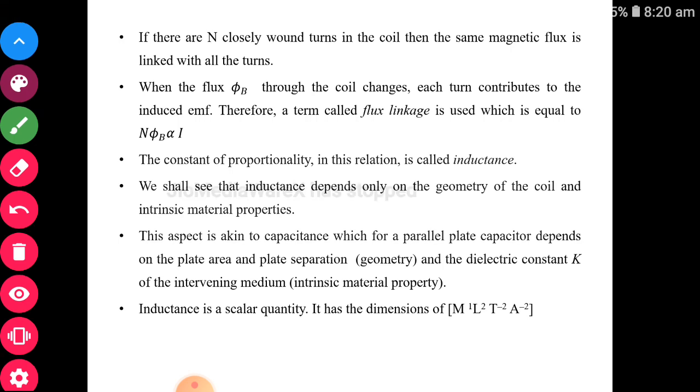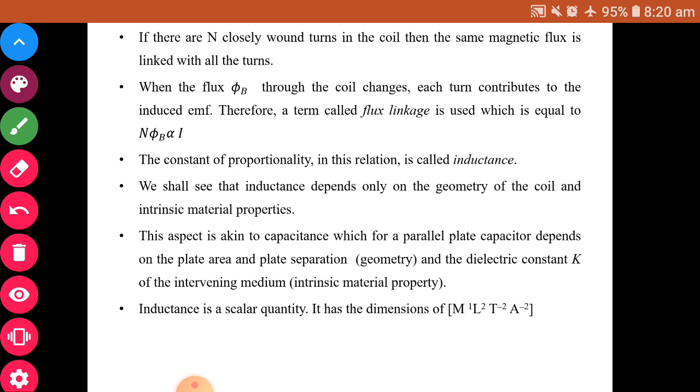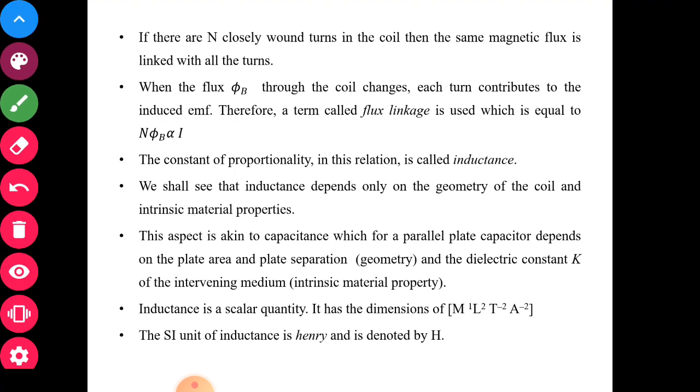And inductance is a scalar quantity and it has the dimensional formula M1 L2 T minus 2 A minus 2, which you just have to remember. Its unit is Henry.